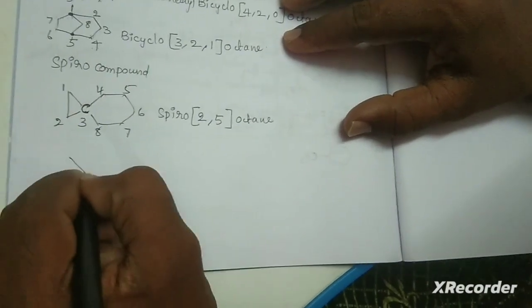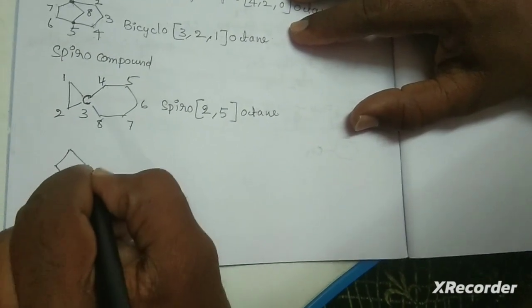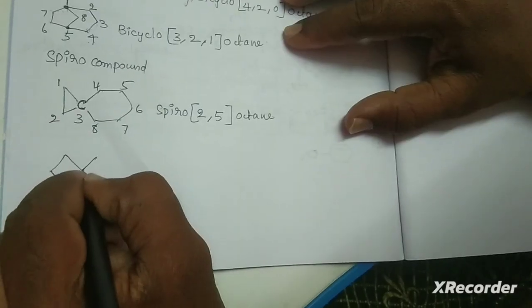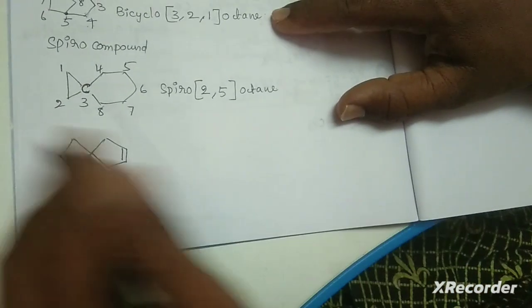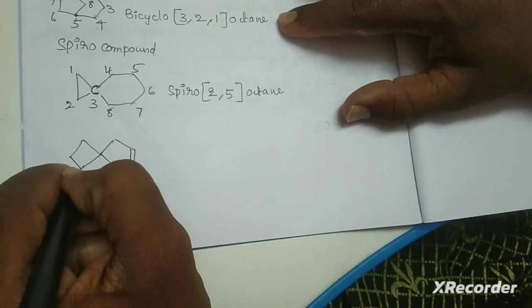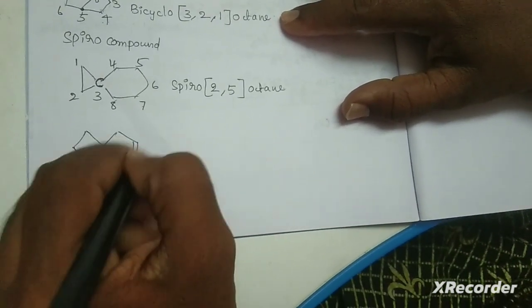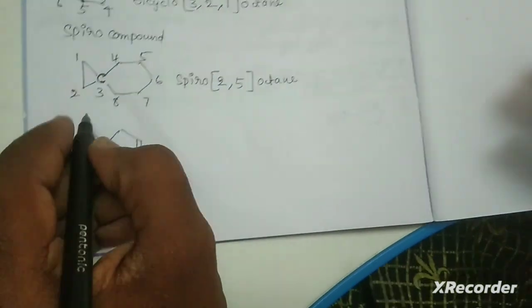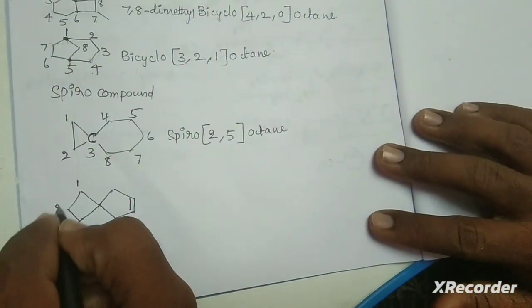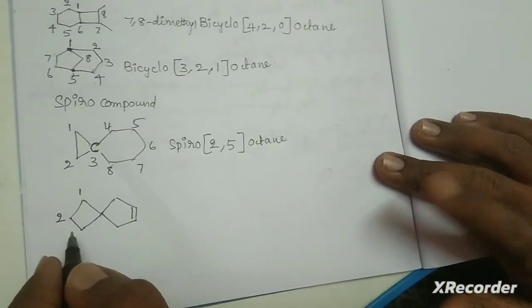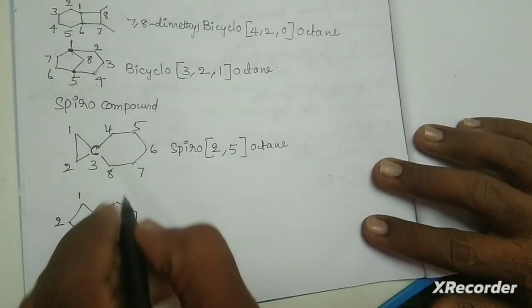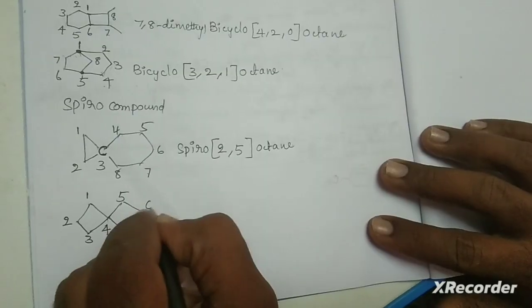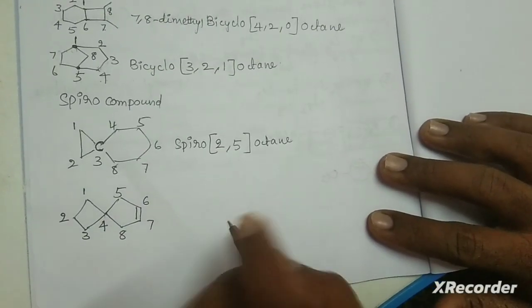Another one we will see. For example, here you have a 3 carbon atom ring and another is a 4 carbon atom ring. The 3 carbon atom ring is the smaller ring, so you start the numbering with the smaller ring. 1 2 3 4 5 6 7 8.